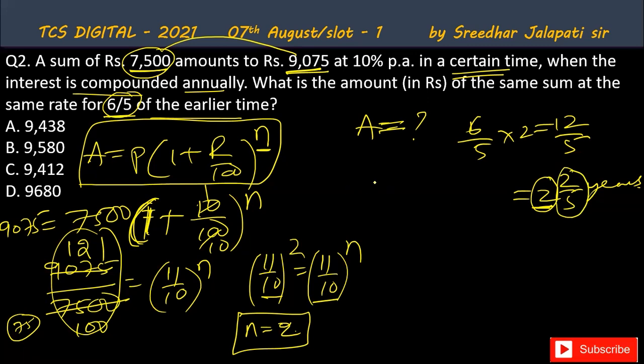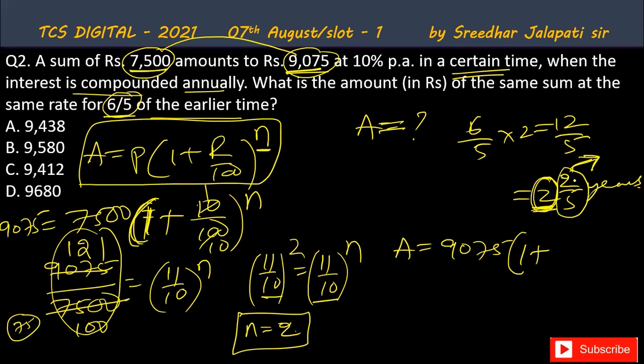So we know that under compound interest, the amount at the end of the second year is the principal for the next time period. Therefore, the amount at the end of the 2 years has become 9,075. On this, you have to calculate the interest for the next 2 by 5 years.